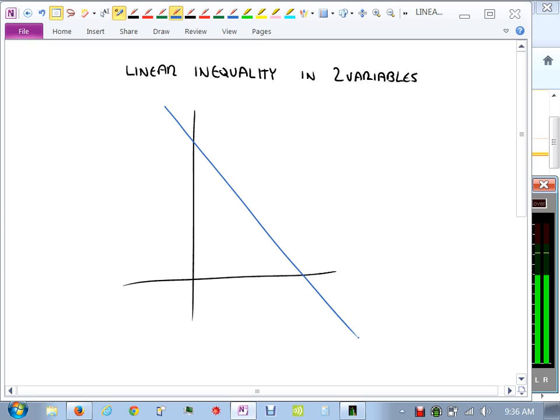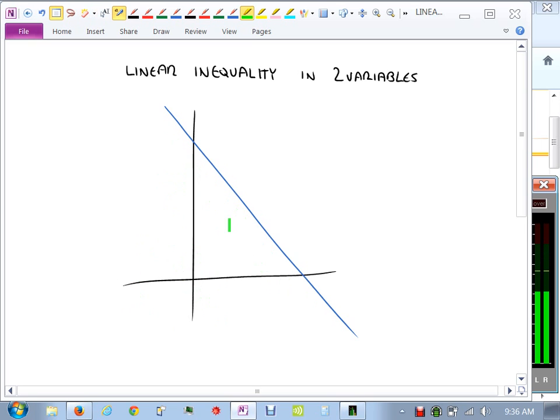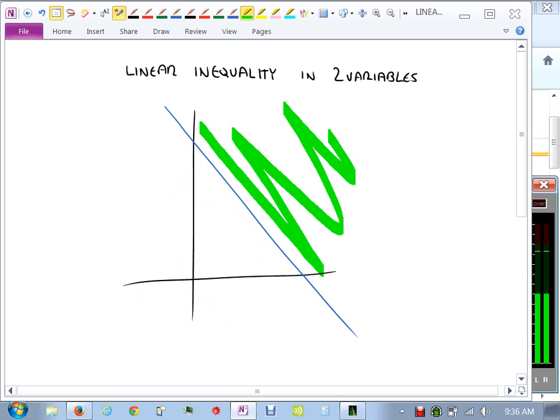And then we'd wind up shading either everything below, or we would shade everything above, right? We'd have to do test points and stuff like that. And we also had to consider the possibility of that line being dotted instead of solid, right? Then, at the very end of class, and we really didn't get an opportunity to do it properly, I think I only did one example.